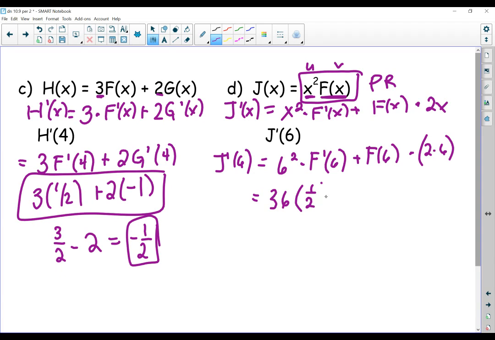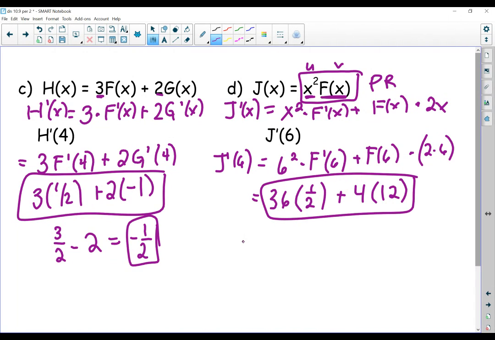So 36 times 1/2 plus 4 times 12. Again, I could leave this, that's numeric as a final answer. If not, I would end up with 18 plus 48, which is 66. Okay, so those are product rules and quotient rules, some applications with tables and graphs, stuff you'll have to practice for homework.